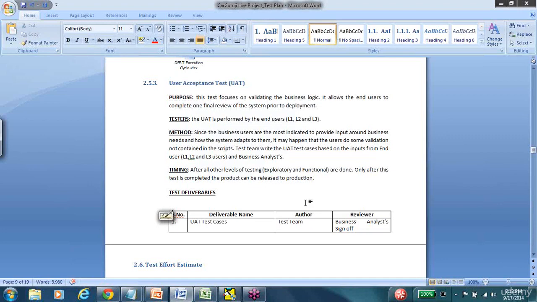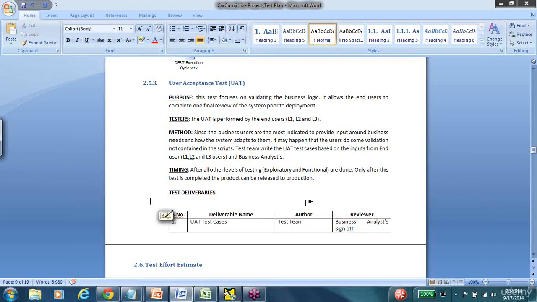Now, the reason why we plan UAT is because of two reasons. One is the users are not testers, so they cannot plan for it themselves. They cannot strategize, they don't know how to be ready for testing. Of course, you cannot expect them to be because they are not formal QA testers. So first is they lack the expertise to be able to do that.